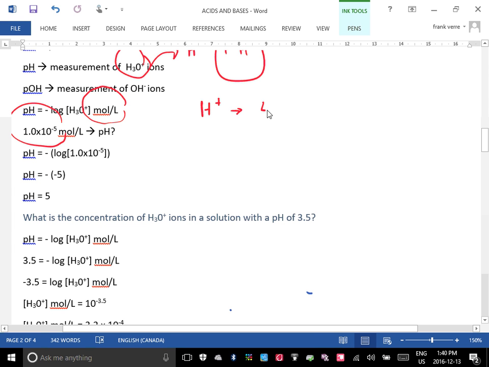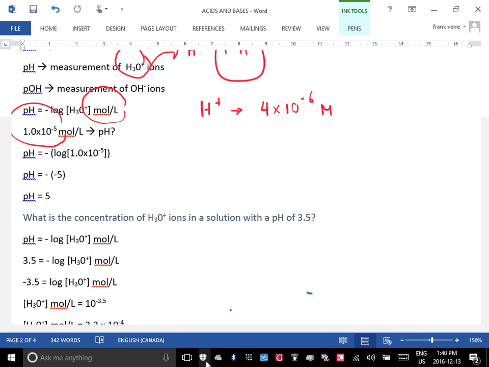Let's say it's 4 times 10 to the negative 6 big M. Let's say that's a concentration, right? So according to this formula, you take the log of that, and then you multiply by negative 1. You take the negative of that value, right?